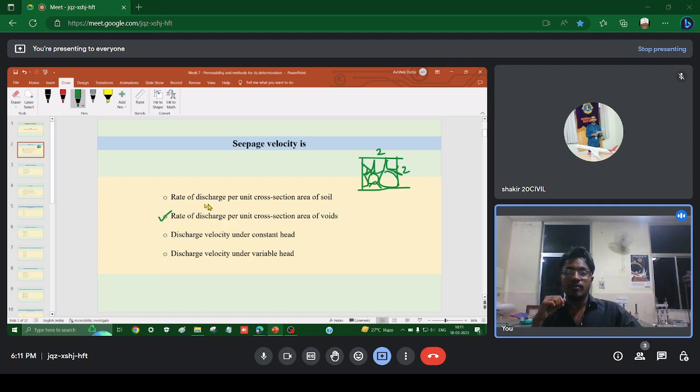The first one is the discharge velocity, right? Yes, sir. And options 3 and 4 are just baseless actually, under constant head, under variable head. Even then, discharge velocity and seepage velocity will come into play, but the condition is different, whether soil or area of voids.